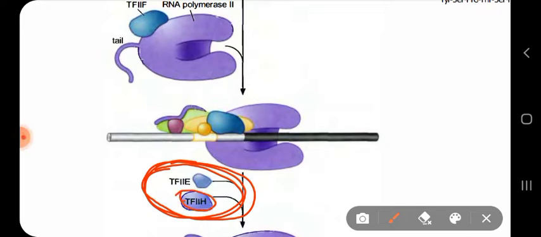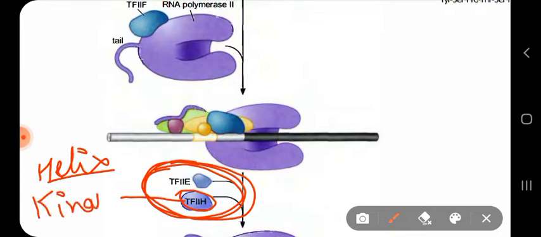Well, TF2H has a helicase activity. It will open up the DNA at a particular site so that RNA can be synthesized from a single stranded DNA strand. And TF2H also has a kinase activity that I have said in the previous video.